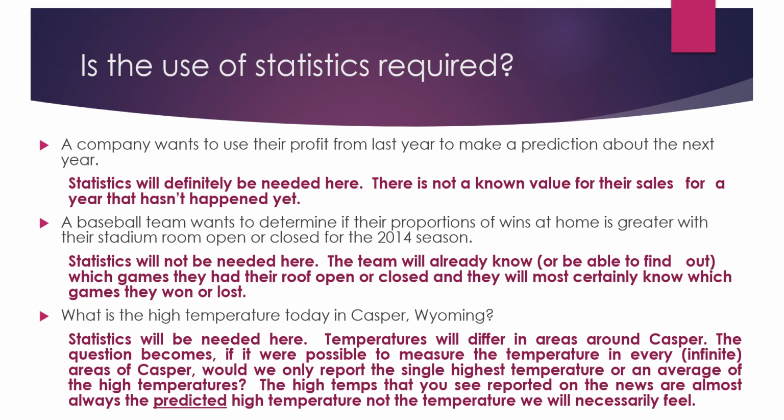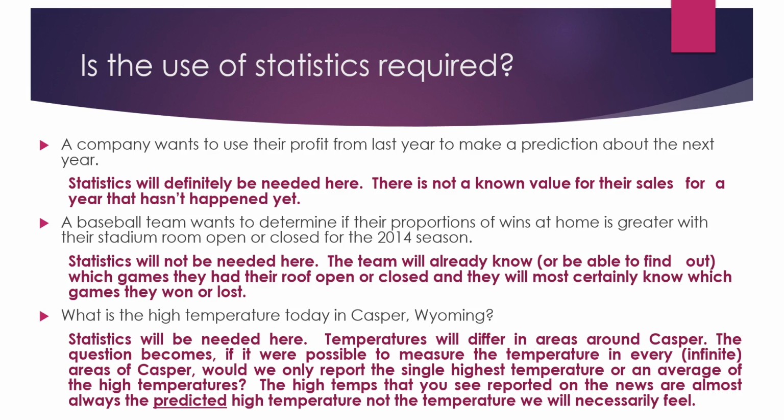We will talk about weather a lot in Unit 2, the probability section. Weather reporters get a lot of negativity thrown at them. But in a way, I think that it's honestly a miracle that they are able to report as well as they do, which when I say that, people usually are very skeptical of the weather until we describe a little bit more with that. So in theory, let's say that it's possible that there could be a way to monitor the temperature in every single moment in area in Casper.